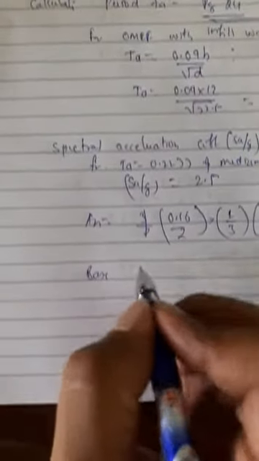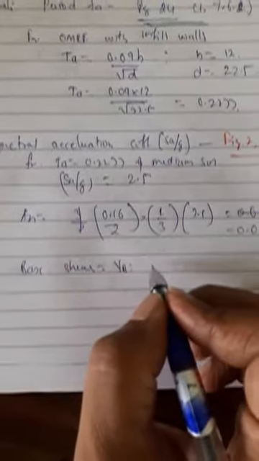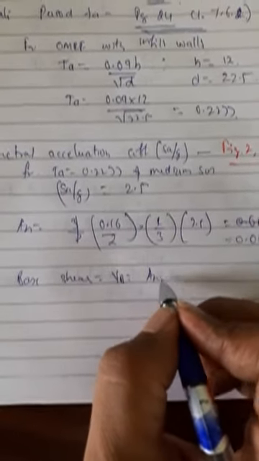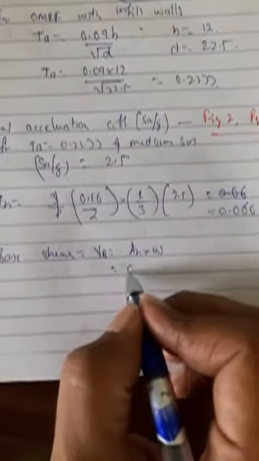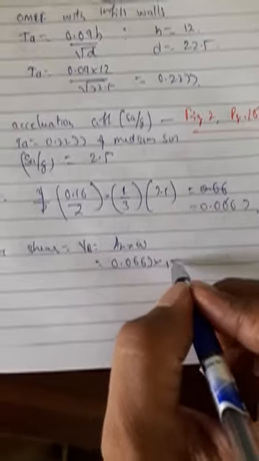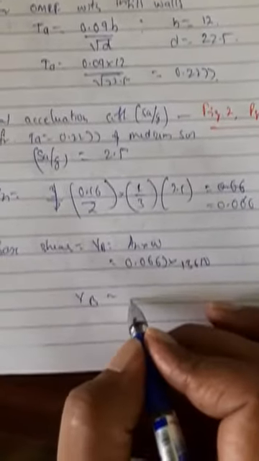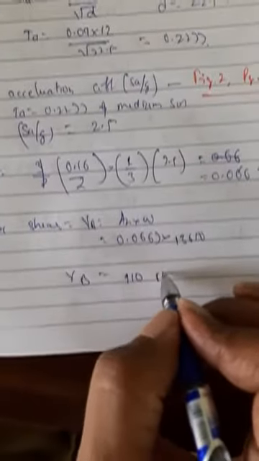Now base shear. Base shear VB is equal to AH into W, seismic weight. So AH 0.0667 into W, W is 13650. So VB, you get the answer 910 kilonewtons.